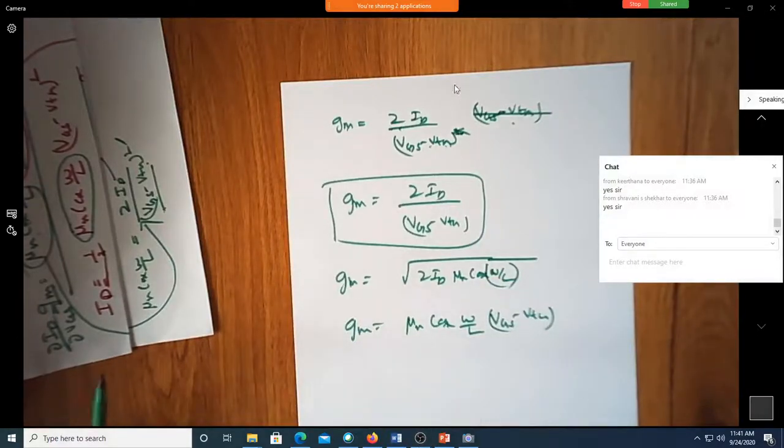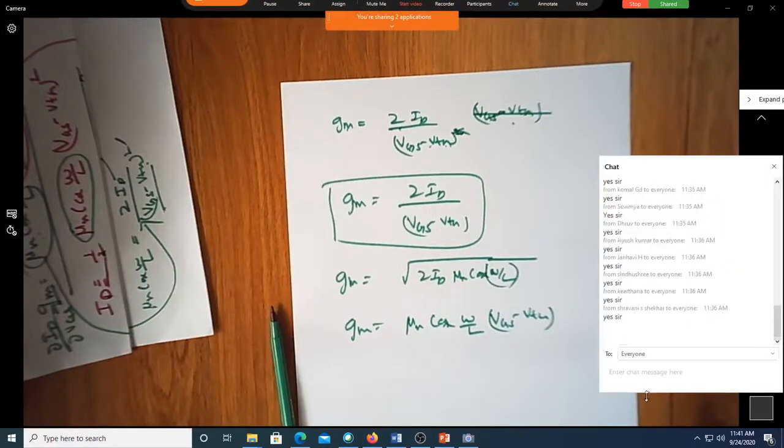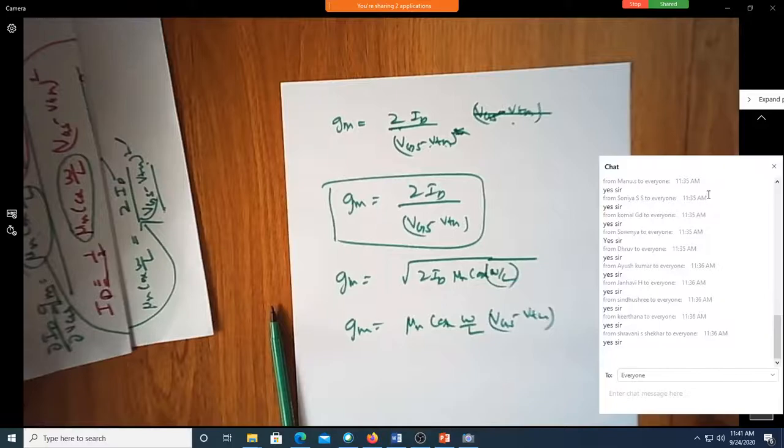I just want to know from all of you, were you all able to get these three expressions of GM? I want each one of you to type it quickly.